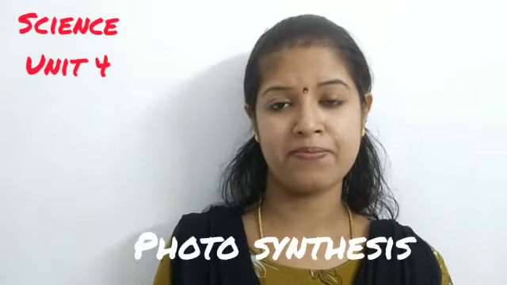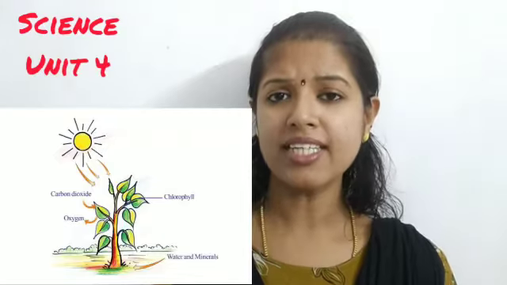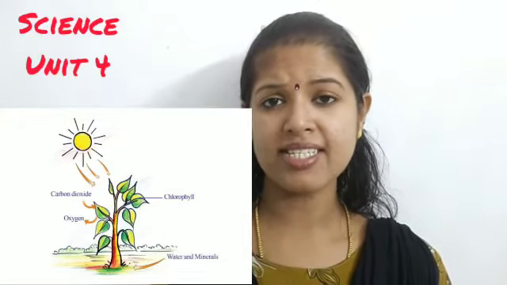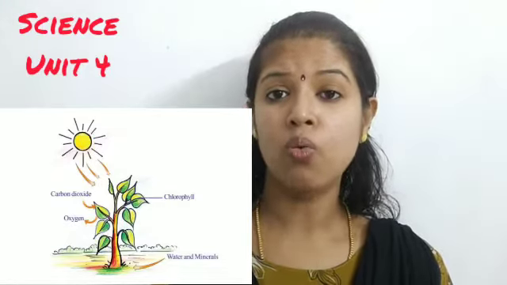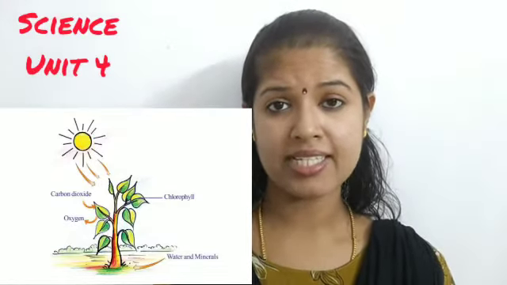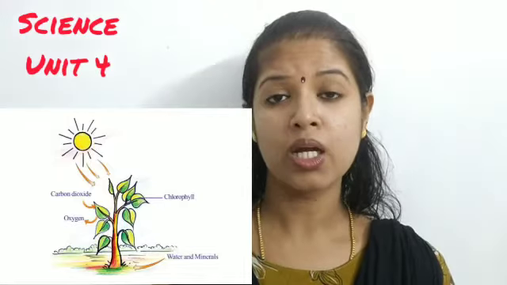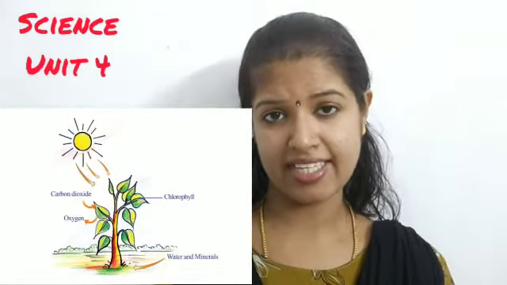We all know that plants can prepare their own food through a process called photosynthesis. So what are the requirements for photosynthesis? Yes, we require water, minerals, carbon dioxide, chlorophyll and sunlight.